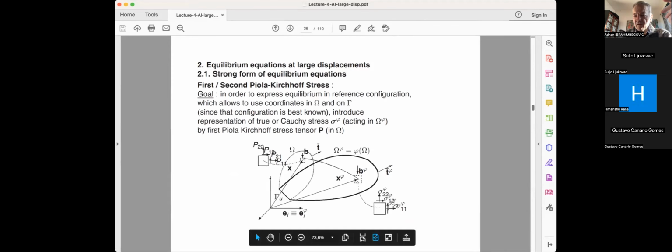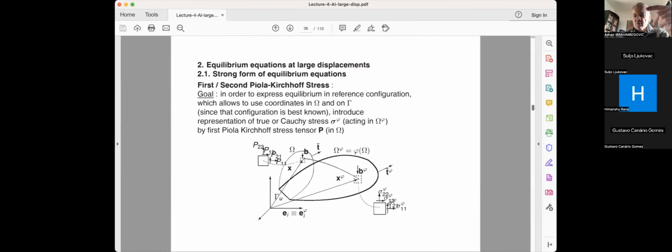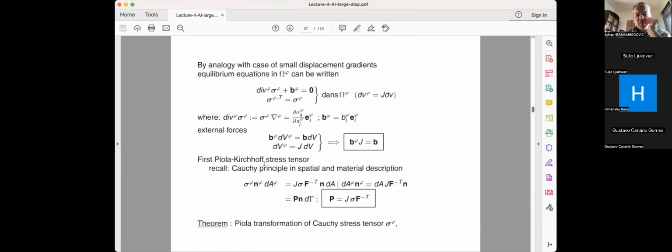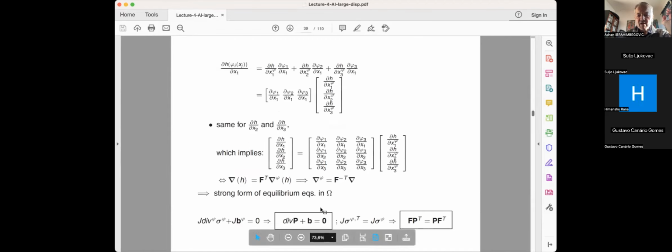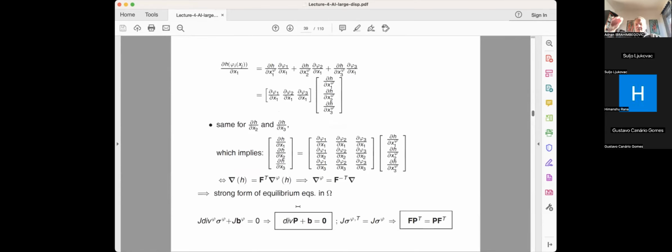And the same thing here: the stress tensor, which is reacting in the deformed configuration, which goes through this divergence computation with respect to coordinates in the deformed configuration, could be replaced by using the first Piola-Kirchhoff stress that goes into the divergence computation in the initial configuration. And so this way I can have the final result of my equilibrium equation: instead of J divergence phi sigma phi plus J B phi, I can write this as divergence P plus B equal to 0.